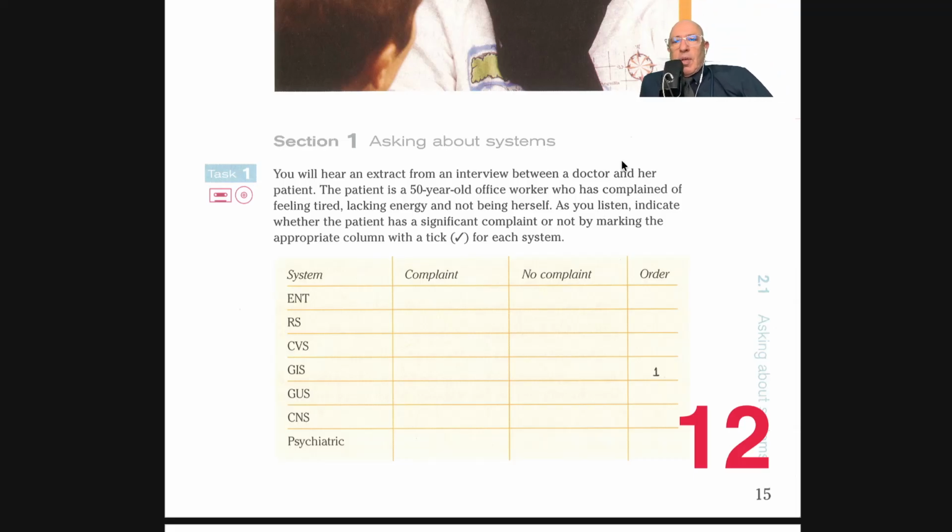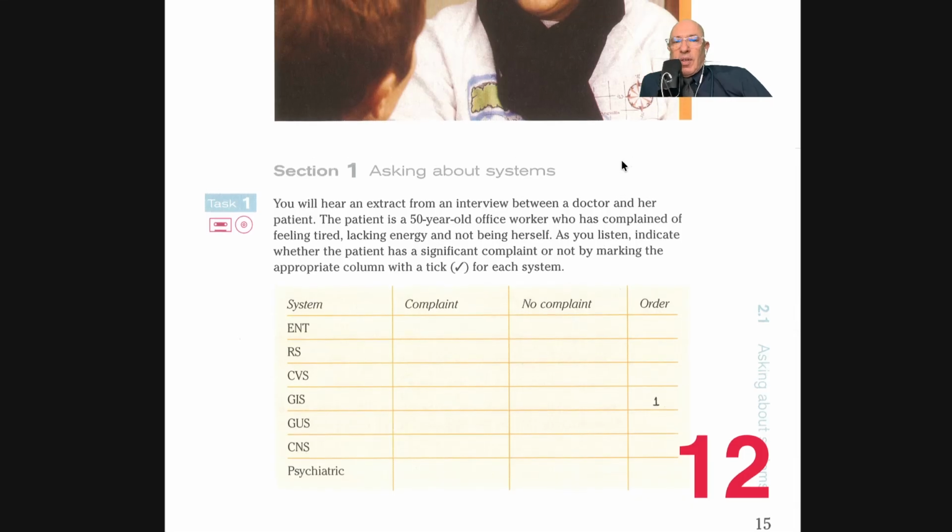As you listen, indicate whether the patient has a significant complaint or not by marking the appropriate column with a tick for each system. So listen up and select the best answers. Taking a History 2. Tasks 1 and 2.